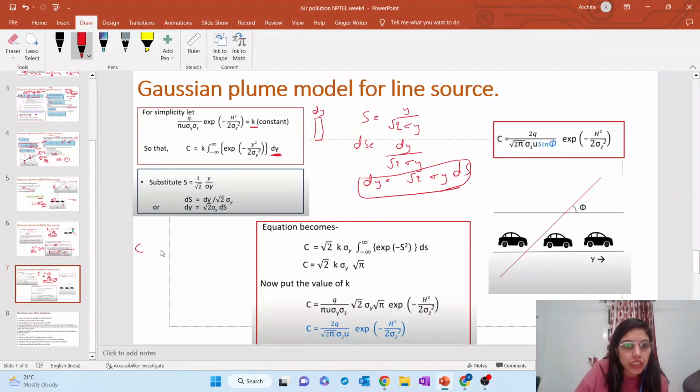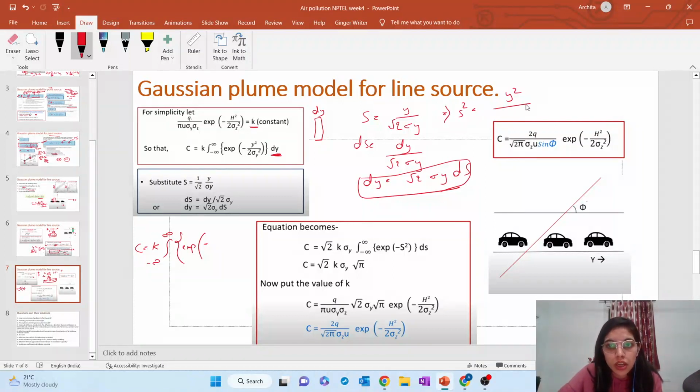So c is equal to k, integral from minus infinity to plus infinity of exponential minus, now y square upon, if I square it, s square is equal to y square upon sigma y square into 2, because root 2 square is 2. So this entire term is s square, so they put minus s square, and dy is root 2 sigma y ds.